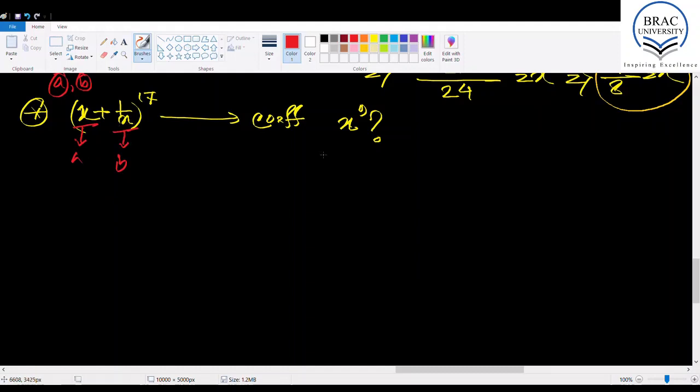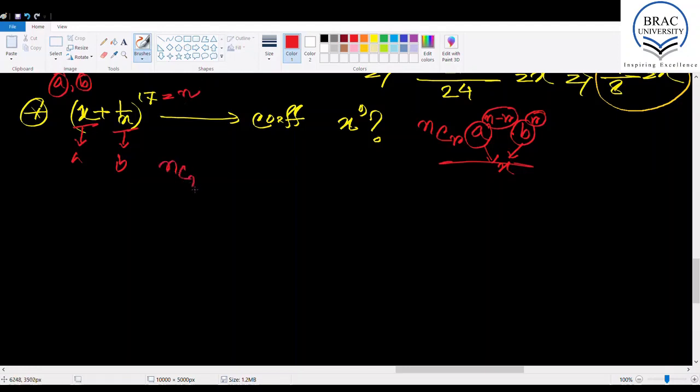So, when we consider nCr a to the power n minus r into b to the power r, then it will be a term of x, it will also be a term of x. Then eventually their power will be modified by adding or subtracting from each other, since both of them are terms of x. Can we understand that? If we don't, let's compare this with this term. 17 equals n. We don't know the r value.